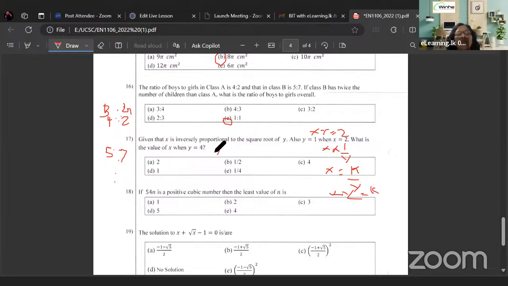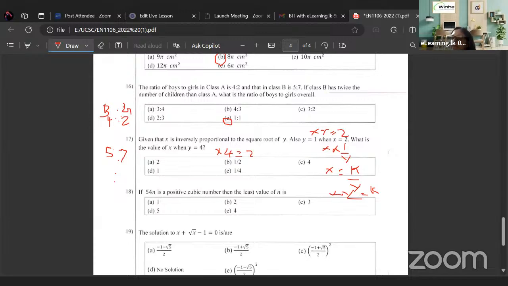We don't know x. y is given as 4, but this should be equivalent to 2. Right?